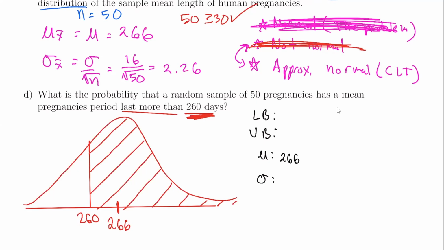Since we're doing this for a sample of 50 pregnancies, our sigma should be 2.26, not the 16, because you want to adjust it for taking a random sample of 50, not a random sample of 1. Any question for mu and sigma?